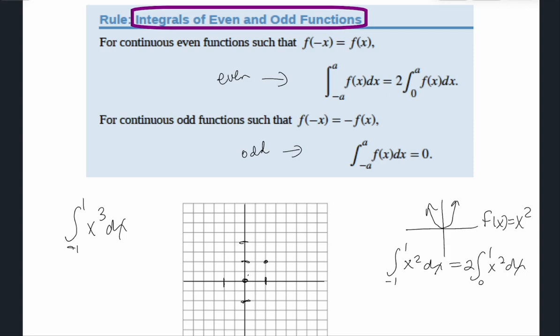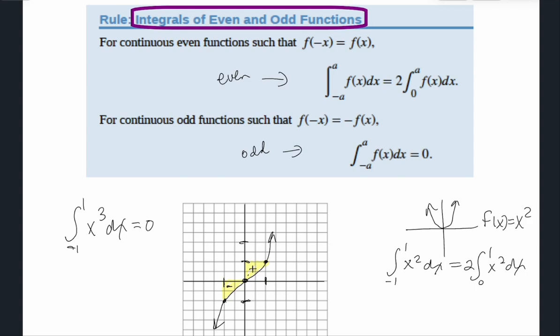That function looks like that. The area here is the exact shape of the area on the other side, but this one is negative and this one is positive. So for an odd function, if these are equidistant from 0, the net change will always be 0.